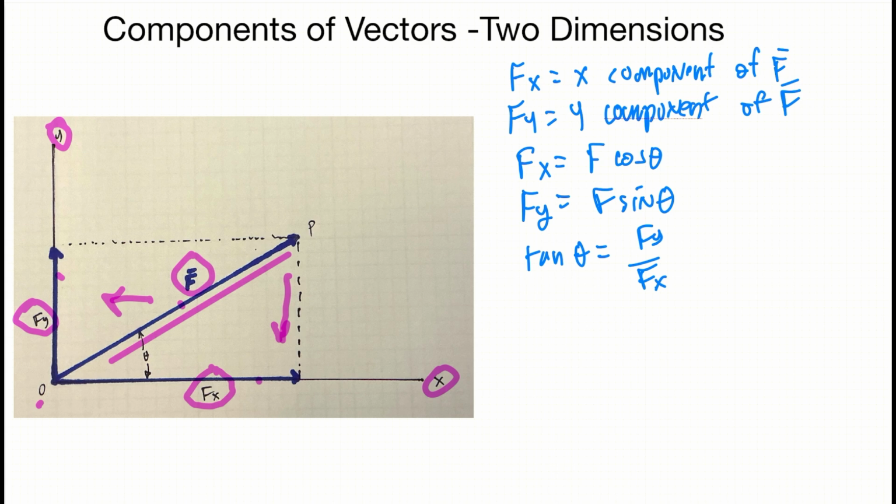And that's just our basic opposite over adjacent definition of the tangent of theta. Now we can solve this equation for the angle theta as the tangent inverse of f of y over f of x. So there's our basic equations that we can use for dealing with vectors in 2 dimensions.